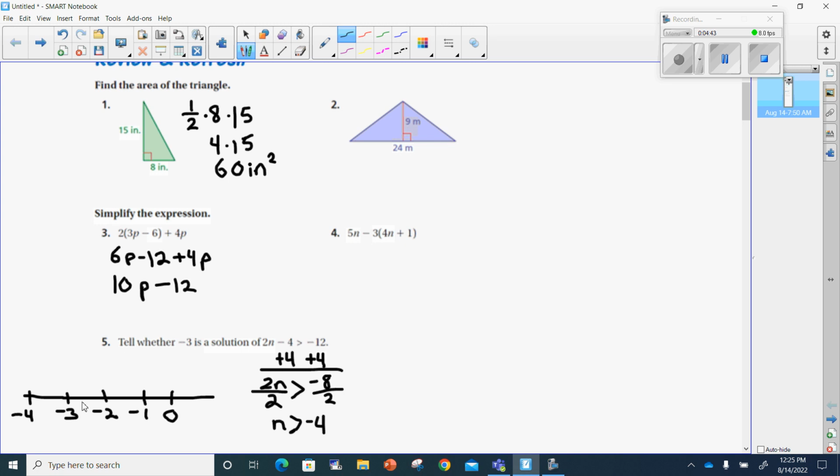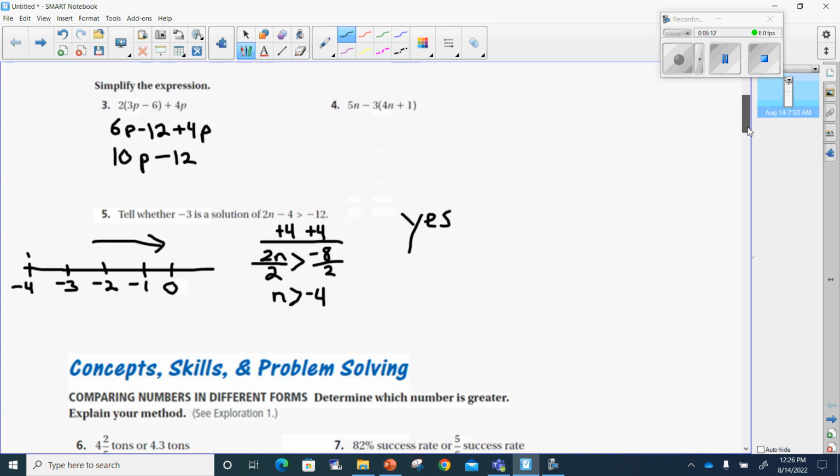Is it bigger than -4 or less than -4? Well, as you can see, if n is bigger than -4, all the numbers this way are bigger than -4, right? And -3 is one of them. So is it a solution? Yes, it is a possible solution, one of many for this problem. -2, -1, all these numbers that are bigger than -4 would work. All right, let's move on.